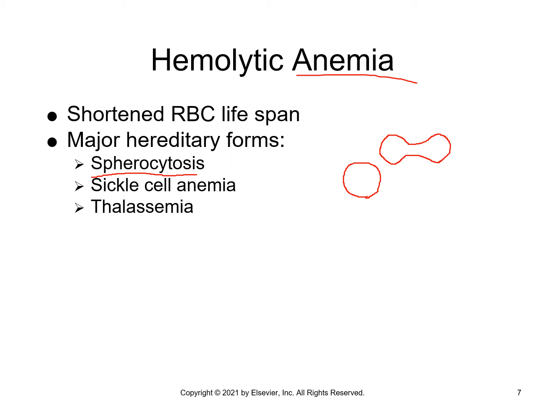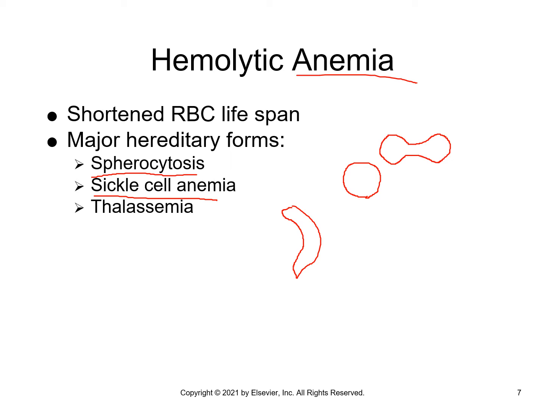Now, sickle cell anemia is similar in that it is an abnormally shaped blood cell. With sickle cell anemia, there can be varying blood cell shapes. What we commonly think of is half-moon red blood cells. They can look like this, but they can have other varying shapes as well.